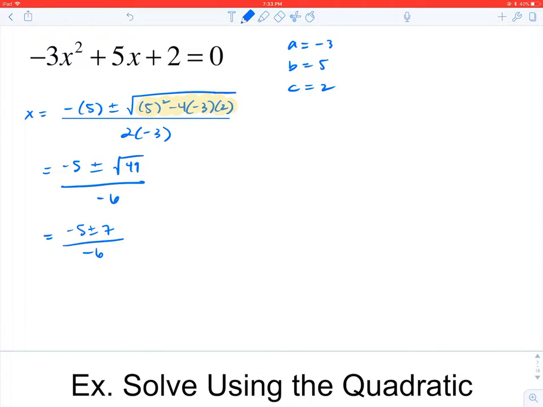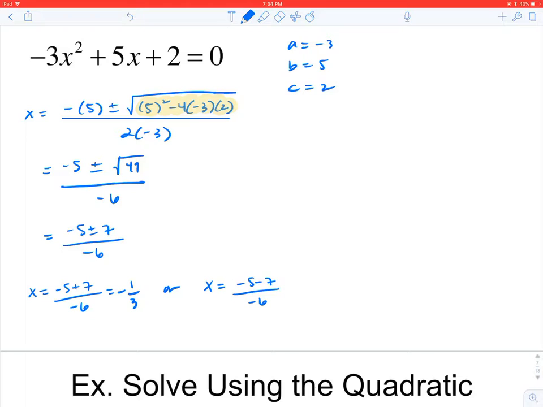Now, the square root of 49 we know is 7. So when we go to separate our solutions, we'll have x equals -5 plus 7 divided by -6, which will be -1/3, because that would be +2 over -6, which is -1/3.